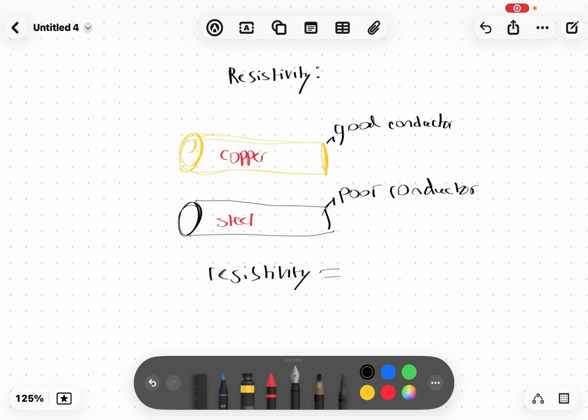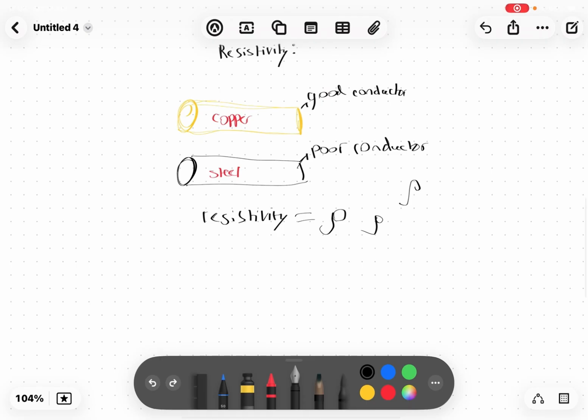The symbol for resistivity is rho, something like this. We know that resistivity is proportional to length, and inversely proportional to area.